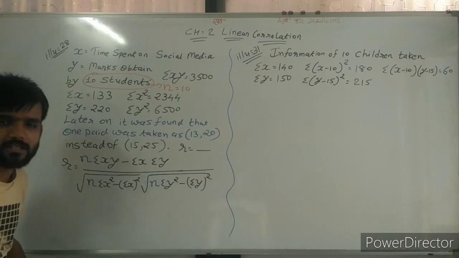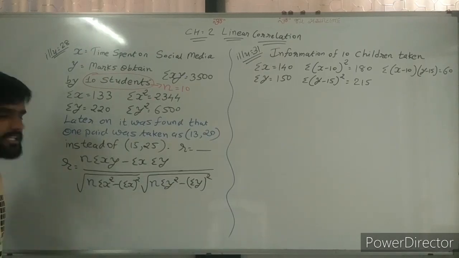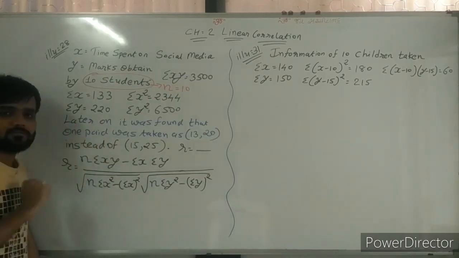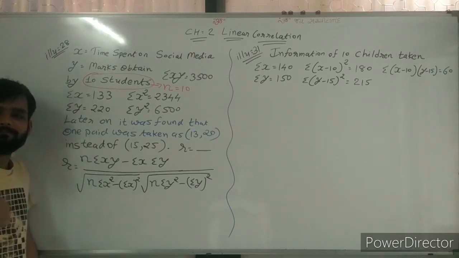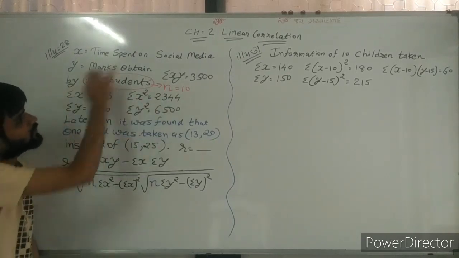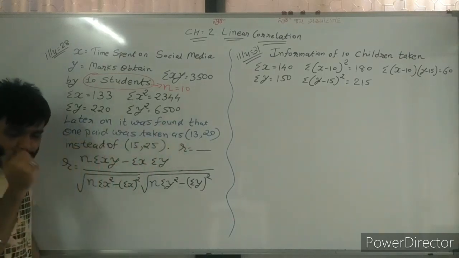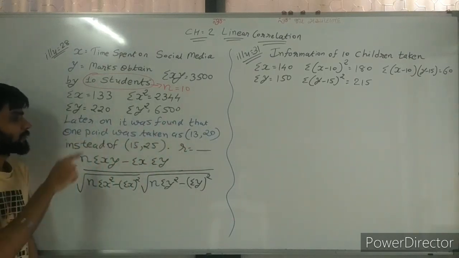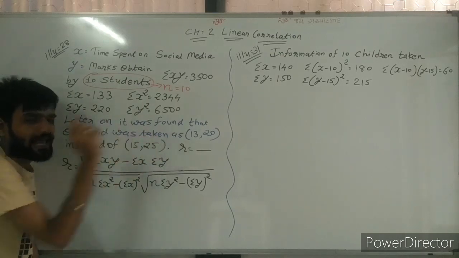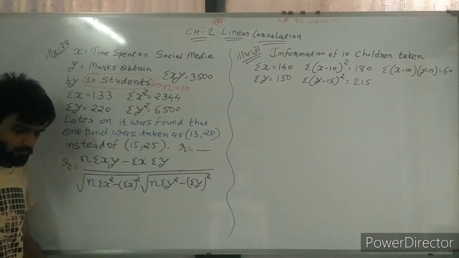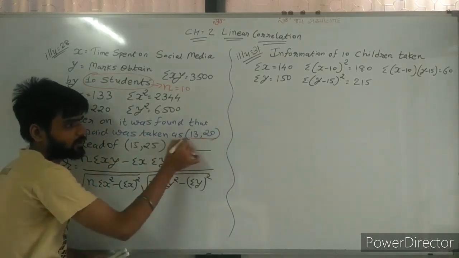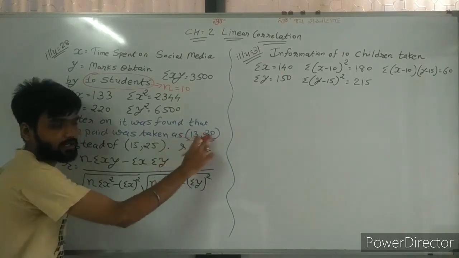So why, sir, have you taken this sum? Read ahead. Later on, after calculation of all these things, it was found that one pair was taken as 13 and 20.